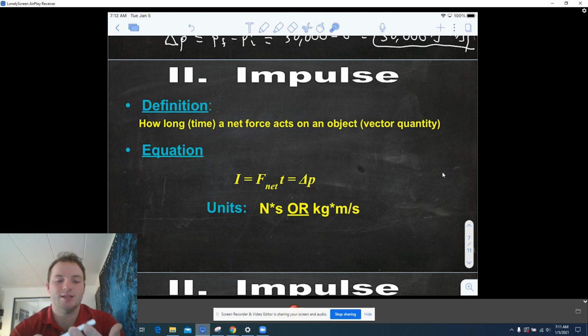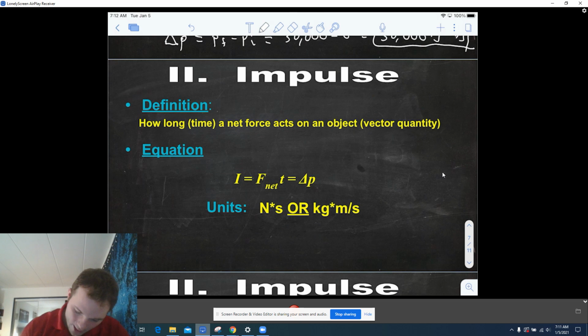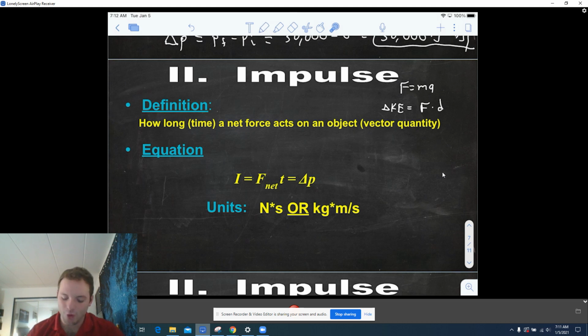We talked about forces in the work energy theorem, where the change in kinetic energy equals F times d. But one thing you'll notice is that neither of these has time in it. So impulse is the physics version of dealing with how long a force is acting.